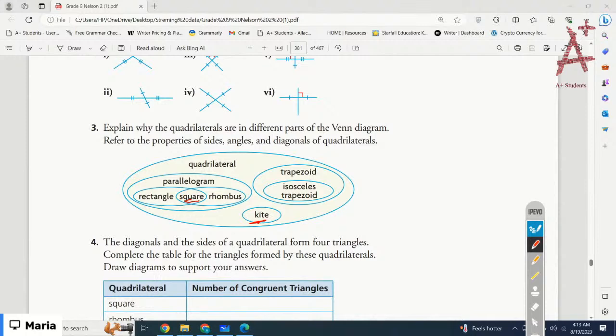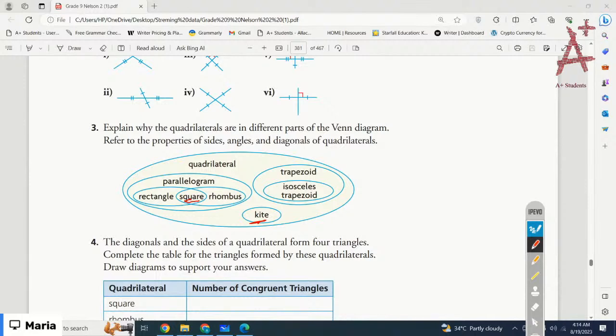That's why square is in the common portion of rectangle and rhombus. Okay, a square is always a rhombus, but a rhombus does not always have to be a square, because the angles do not always have to be 90 degrees as in the case with a square.